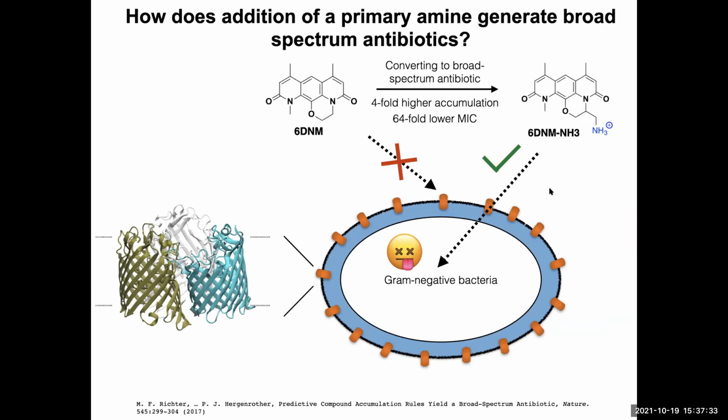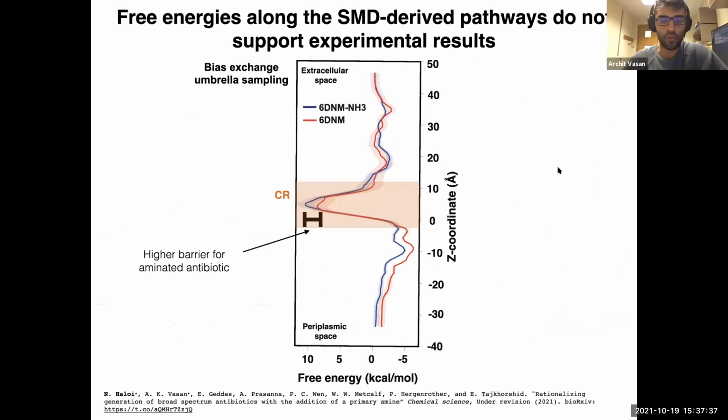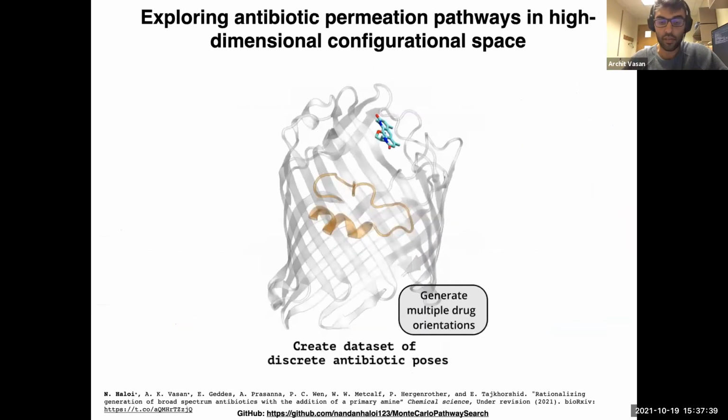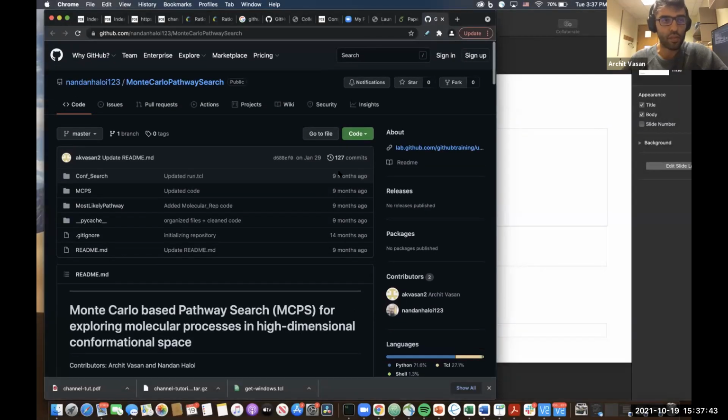Thank you. Also, I forgot to mention that we have a code for this method. If anybody's interested, I can show you how it looks very quickly. You can go to this website and look at this code for yourself.